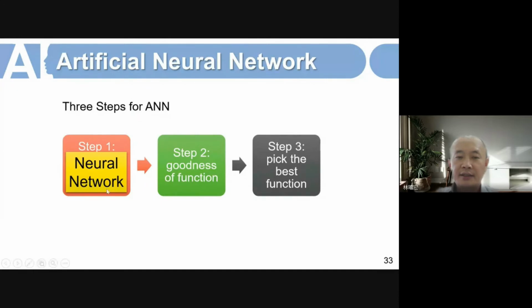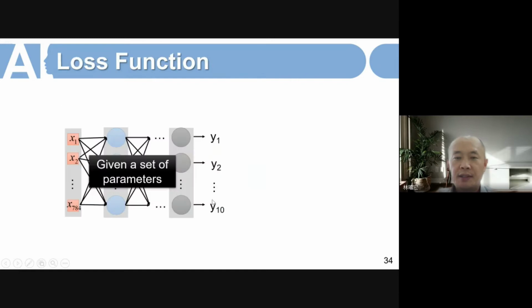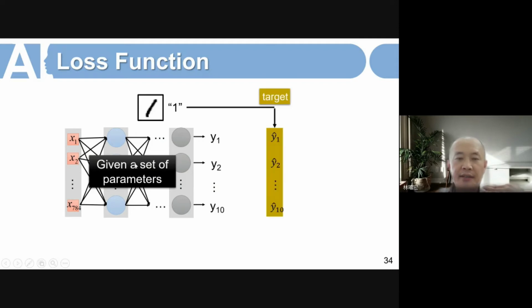So here is step 1, define your neural network. And step 2 is define the goodness of function. In step 2, you already have an NN model, and you give it a set of parameters. And also you have the training data set.